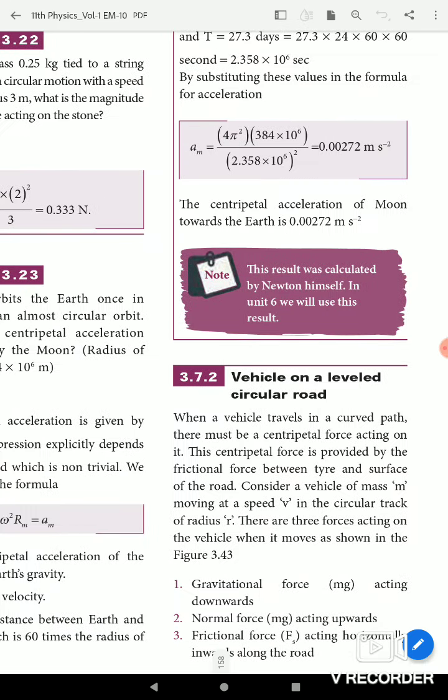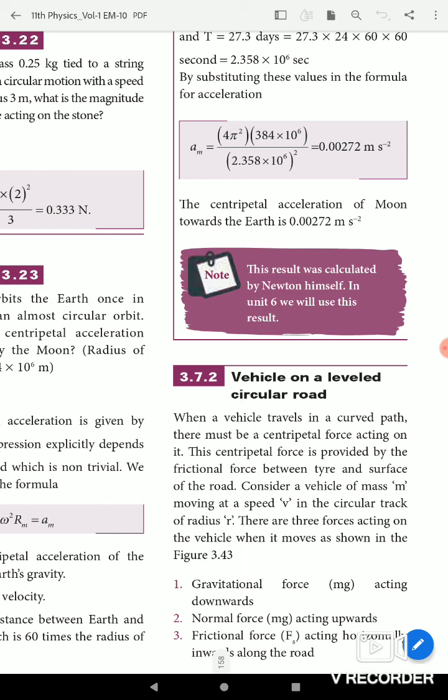Then next one is a vehicle on a leveled curved road. When a vehicle travels in a curved path, there must be a centripetal force acting on it. Consider a vehicle moving with speed v in a circular track of radius r.